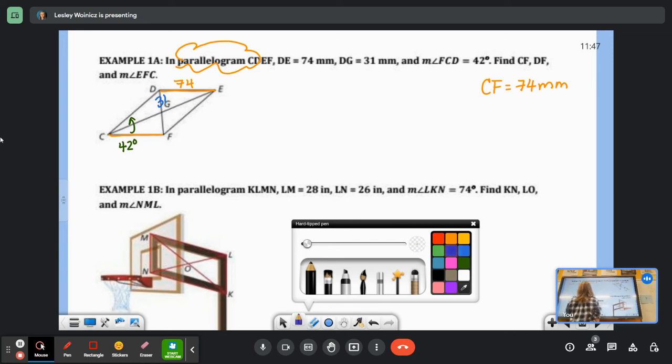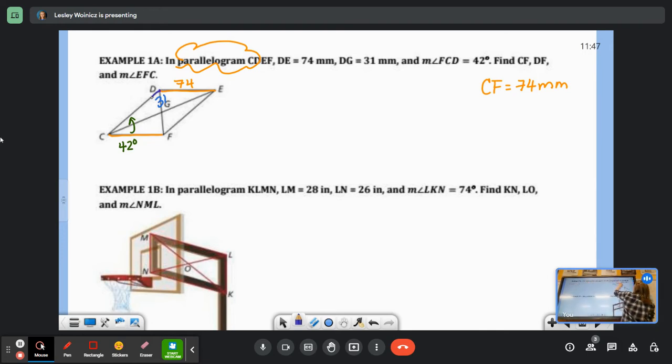DF is this whole thing. 62. Correct. So if this one's 31, this one is also 31 because that got bisected, right? So I know that this one is congruent to that one. So DF is 62 millimeters.